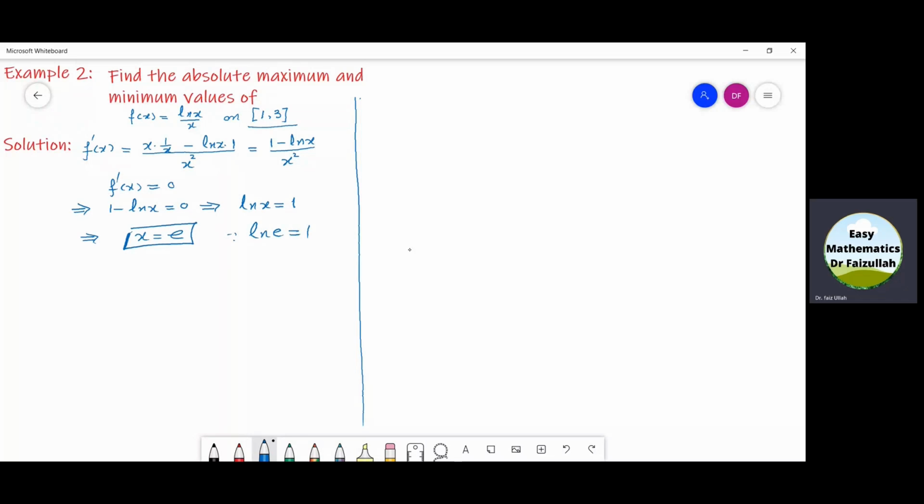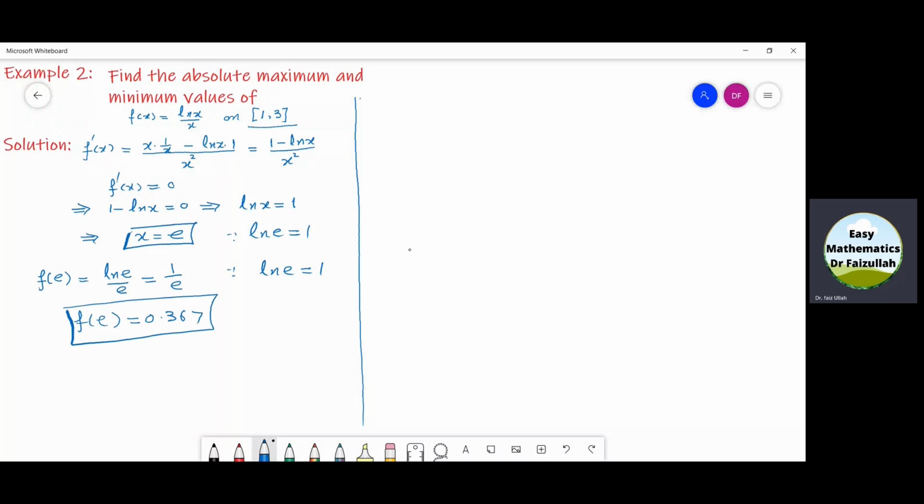Now, in the next step, let us put x is equal to e in the given function. So we have f of e, which is equal to ln e divided by e. Log e is 1. So we have 1 over e. And if we use calculator, we have f of e is equal to 0.367. So this is the first value.